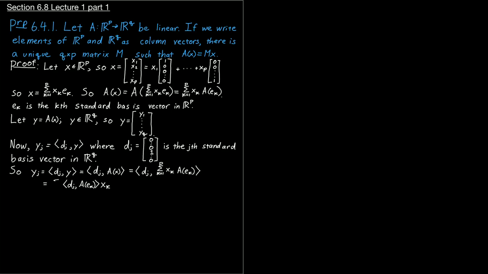And let's not forget our sum from k equals 1 to p here. You may recognize this as matrix multiplication, but in case you don't, let's write it this way: the inner product of dj with A of e1 times x1, plus the inner product of dj with A of e2 times x2, up to the inner product of dj with A of ep times xp.